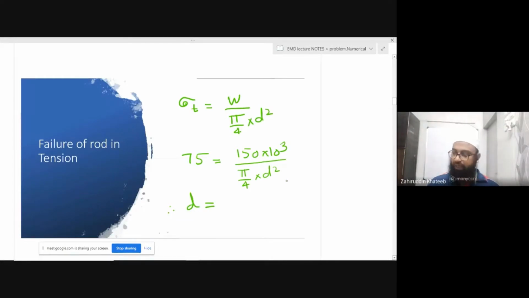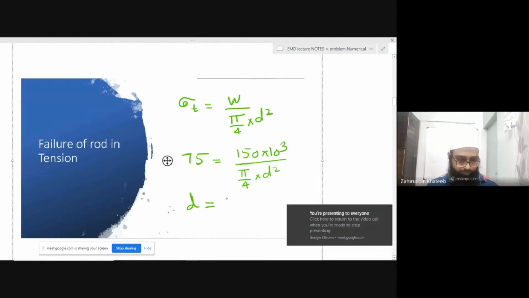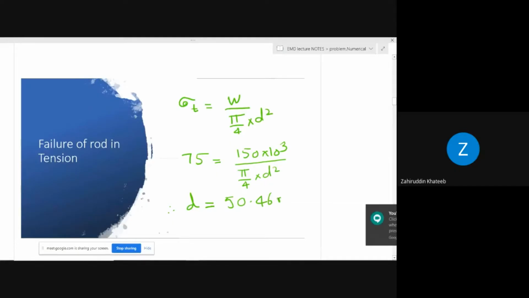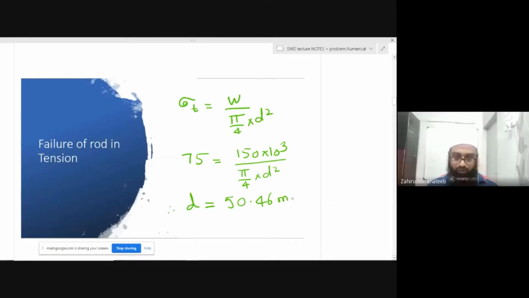Now I'm giving you time to calculate. Yes, the correct answer is 50.46 mm.